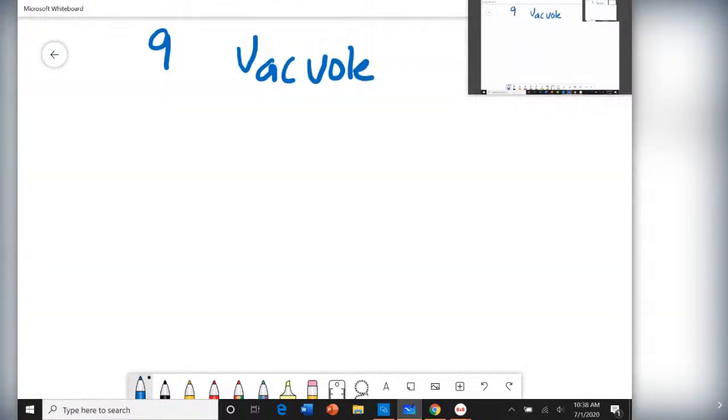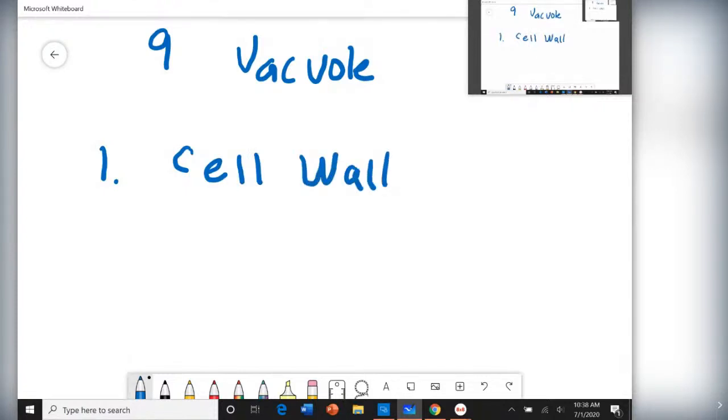The first one says this is the tough, non-living outer layer of each plant cell. It gives the cell shape, strength, and support. And that would be a cell wall. So it gives the plant support would be the biggest thing if you can remember.